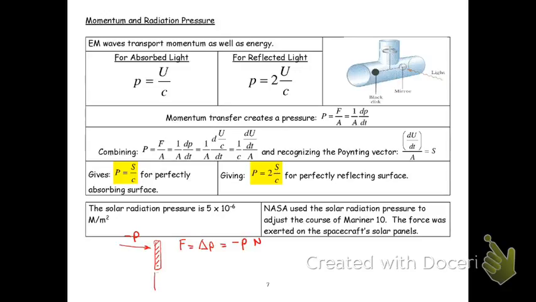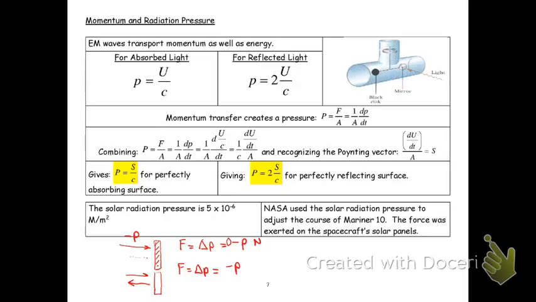But if I have a reflective surface, then the momentum of my photon is reflected. So force, which equals my change in p, is equal to my final, which is minus p. I'm sorry, that should have been 0.